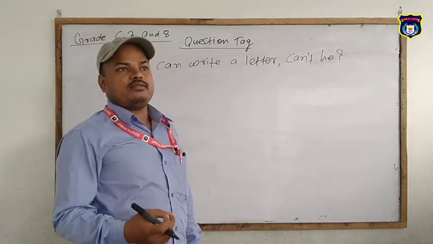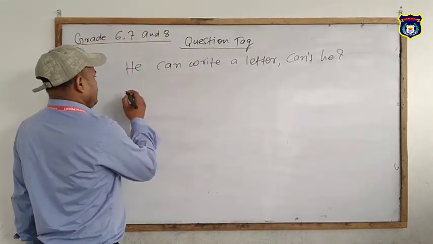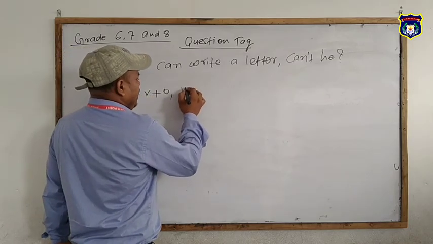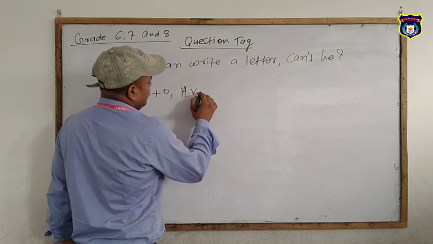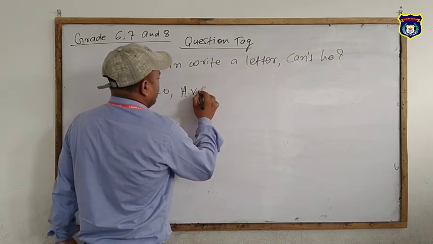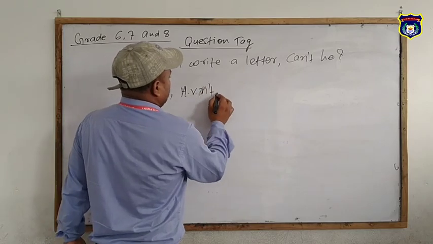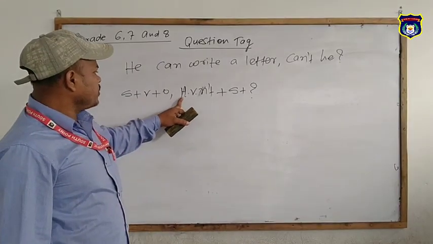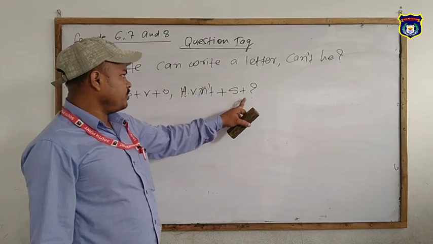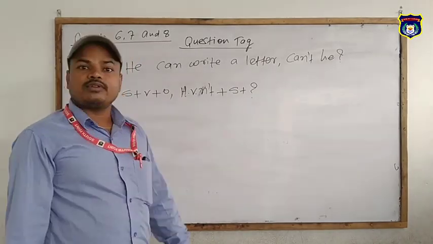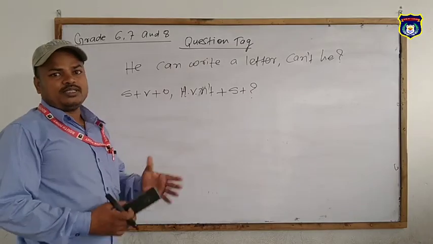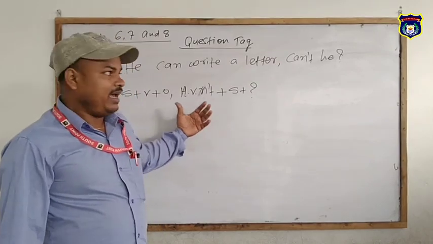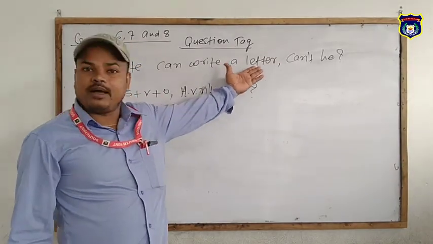You can also see the structure: subject plus verb plus object, comma, auxiliary verb plus n't plus subject plus question mark. This is the structure of question tag. This is very simple. If there is an auxiliary verb, you can solve it according to the structure or the examples.